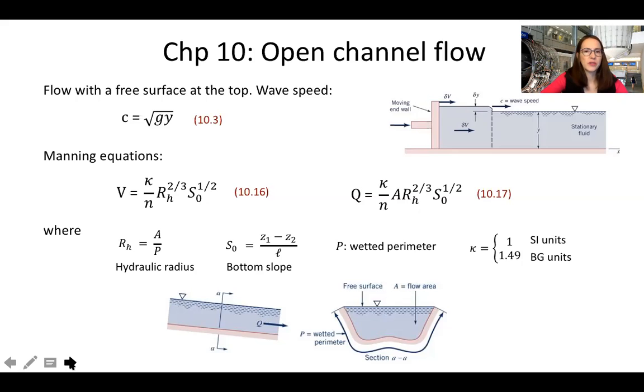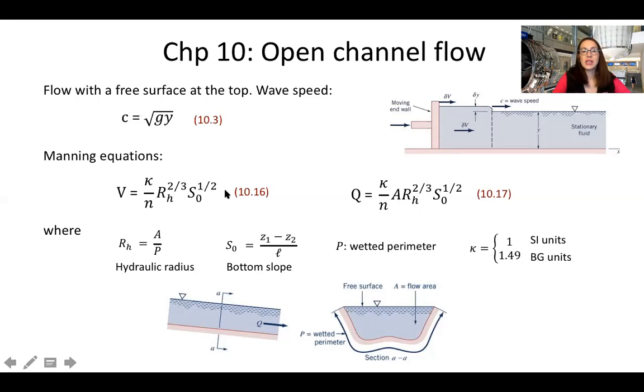So any kind of river, canal, that type of flow. A lot of sewage flows are actually closed in pipes, but it's basically an open surface that's open to the atmosphere. So they're treated as channel flows.